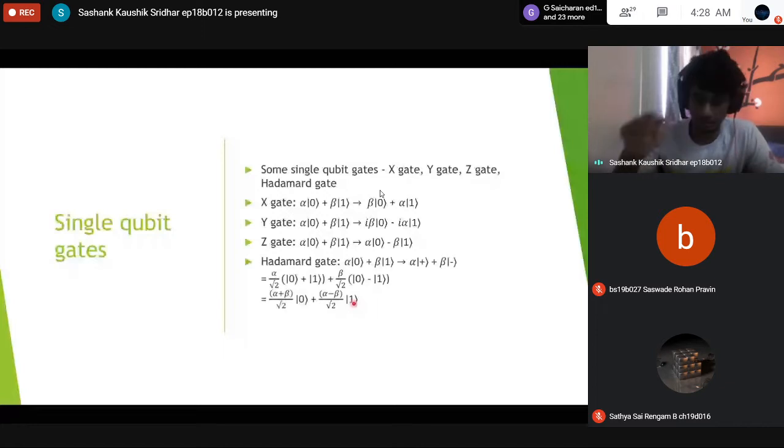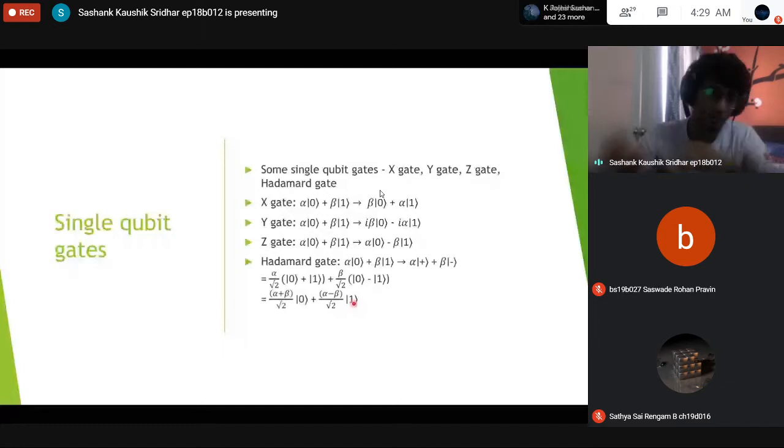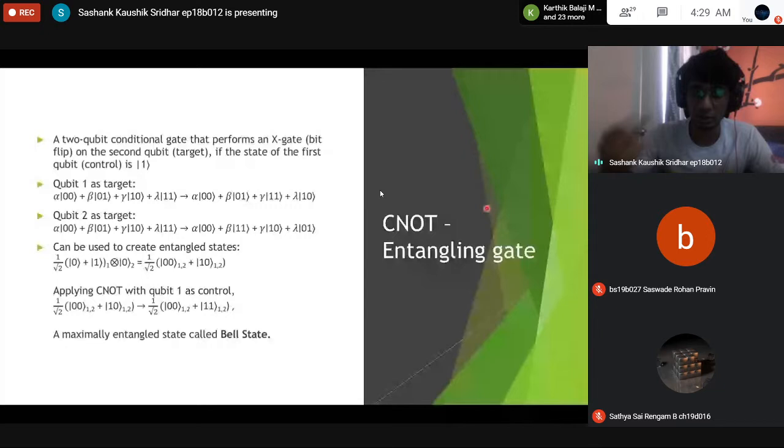This gate takes one qubit as a target and the other qubit as a control, right? So if you have 2 qubits, you have one target. The target is what you're acting on. It performs an X gate, which is flipping 0 to 1 and 1 to 0. So if you have a 0 and you perform an X gate to it, you'll get a 1, right?